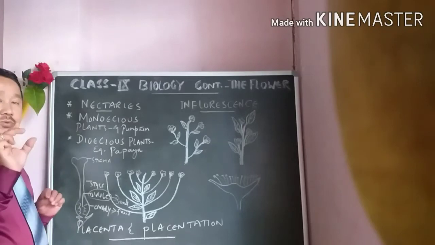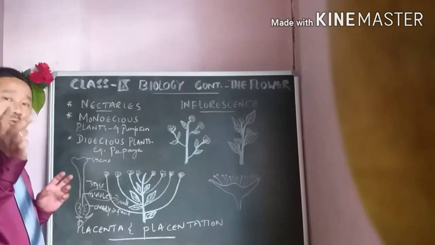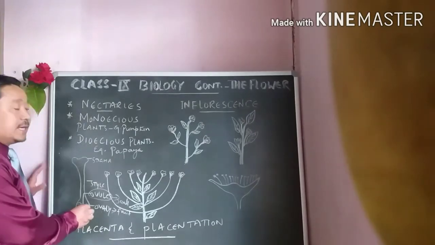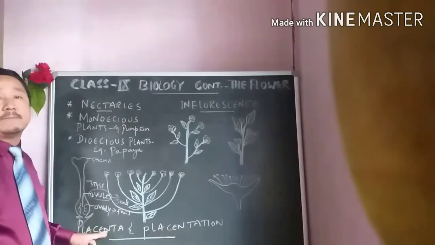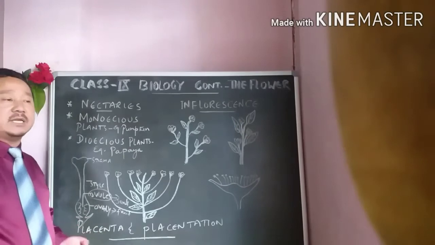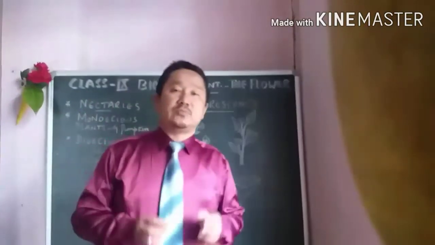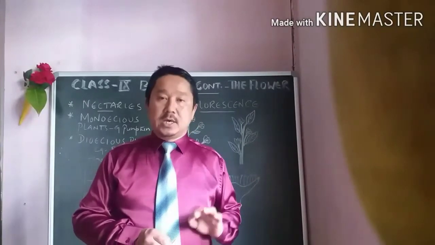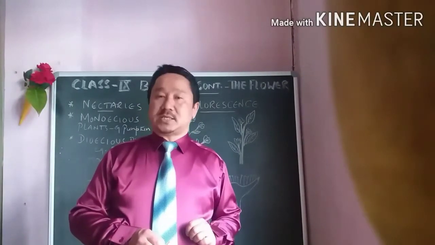The tissue with which the ovules are attached to the ovary is called placenta. So placenta means the tissue with which the ovules are attached to the wall of the ovary.